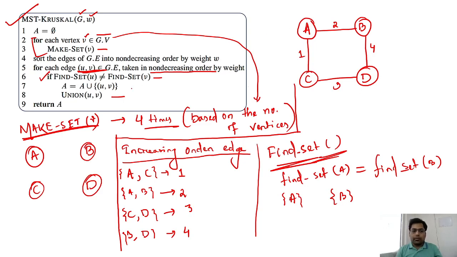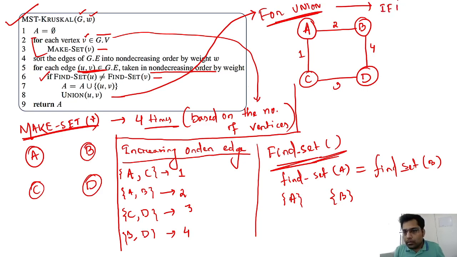We use union if and only if a disjoint set or subset could exist.